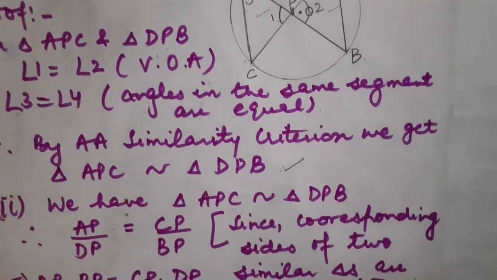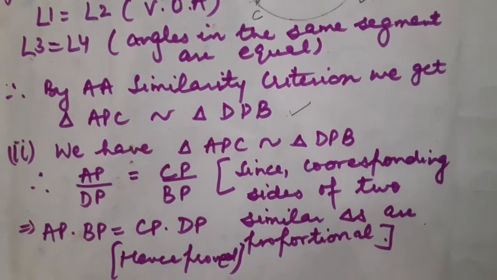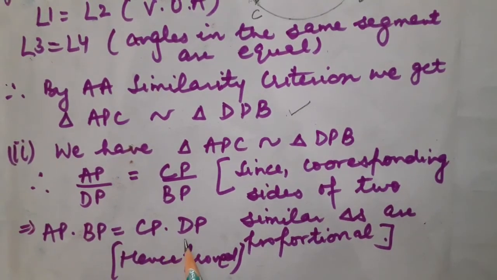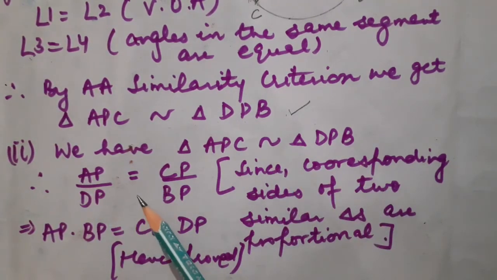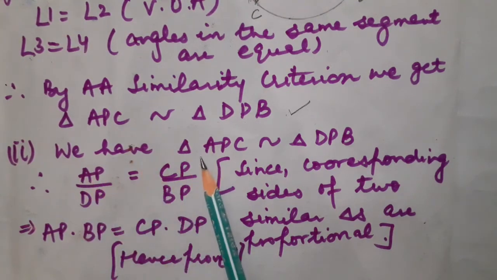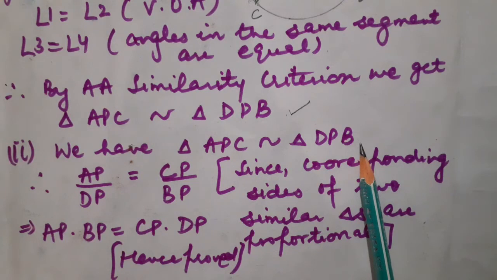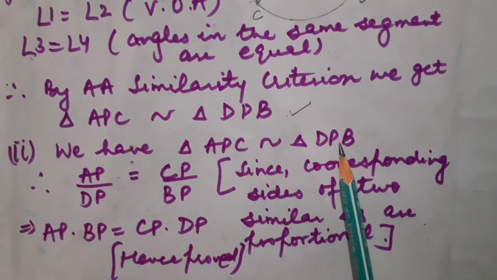Correct? Now using this first part, we will have to prove this relation also, that is AP into BP is equal to CP into DP. Fine. So now use the same condition which we have proved in our previous part. We have triangle APC is similar to triangle DPB. Correct? So as both the triangles are similar to each other, it means their corresponding sides must be in the same ratio.